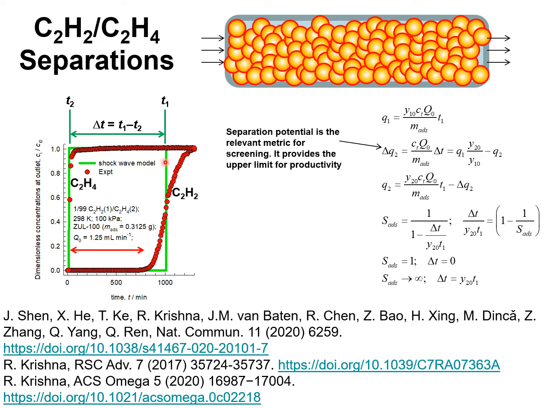T1 is the breakthrough time. So if Q1 is calculated from the IAST, we can determine T1 from this expression where the experimental values for Q0, M_ads are used, and the T1 that is calculated is shown by the green line here.